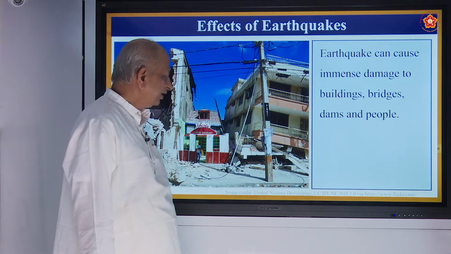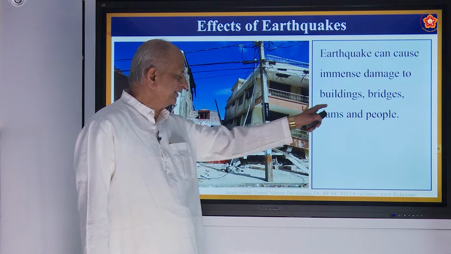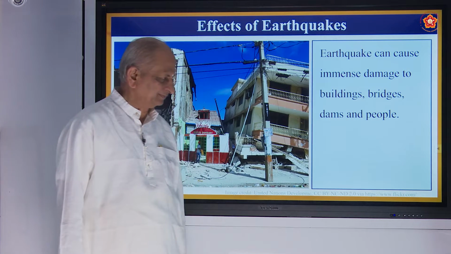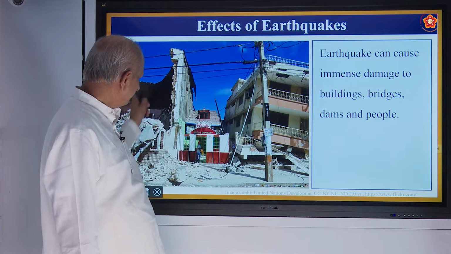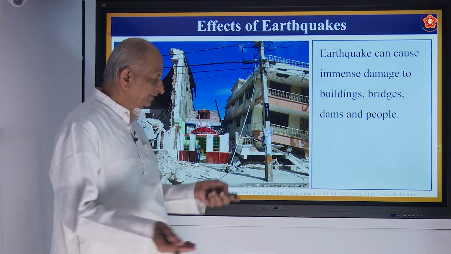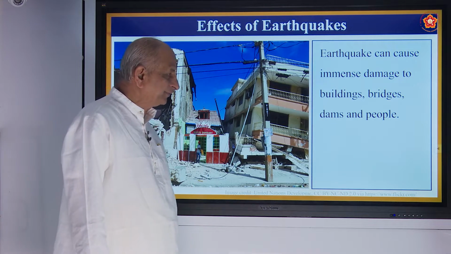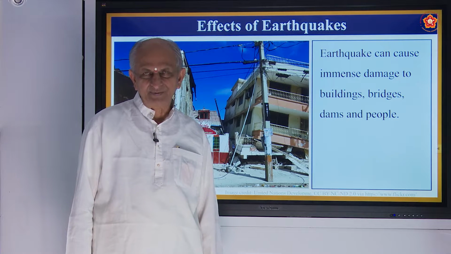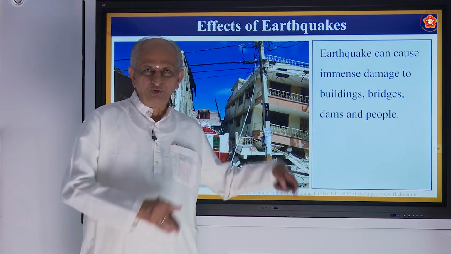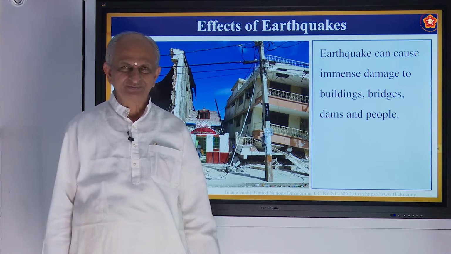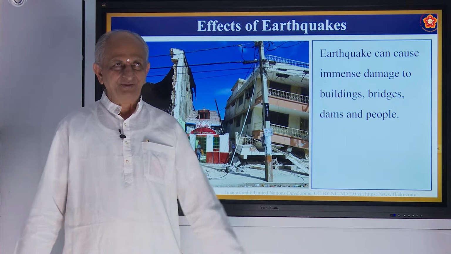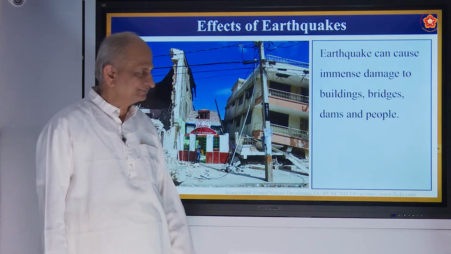So an earthquake can cause immense damage to buildings, bridges, dams and people. So these are the buildings. Some bridges also will collapse, and then dams are also very dangerous. If it happens to dams, so much water will rush and many of the villages will be submerged.